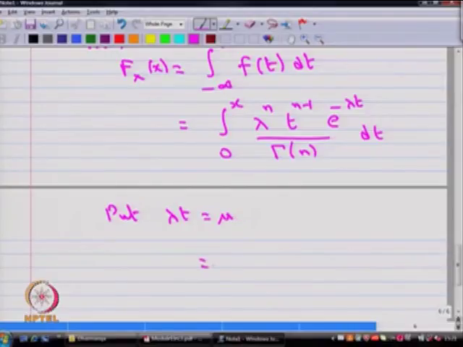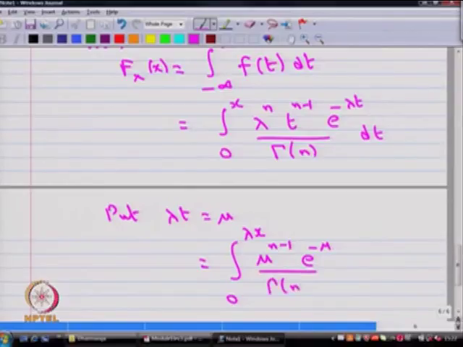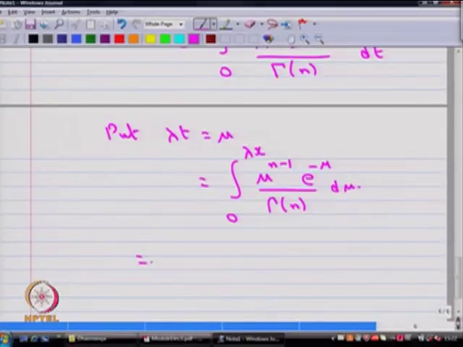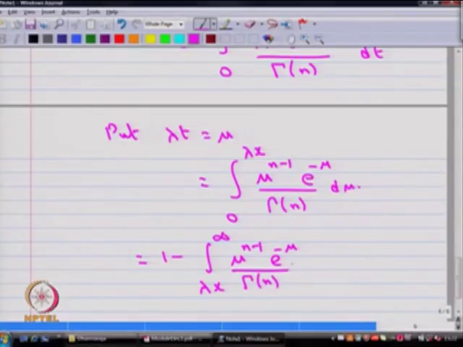Therefore, this integration becomes the integration from 0 to lambda times x of mu power n minus 1 e power minus mu divided by gamma of n d mu. That is the same as 1 minus the integration from lambda x to infinity of mu power n minus 1 e power minus mu divided by gamma of n d mu.